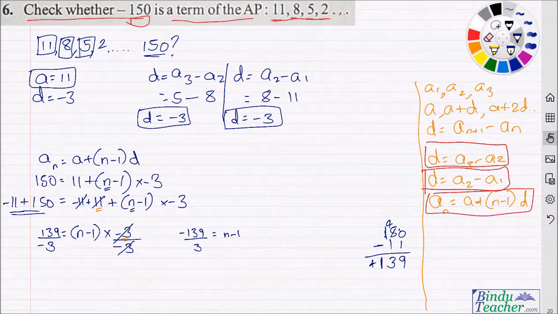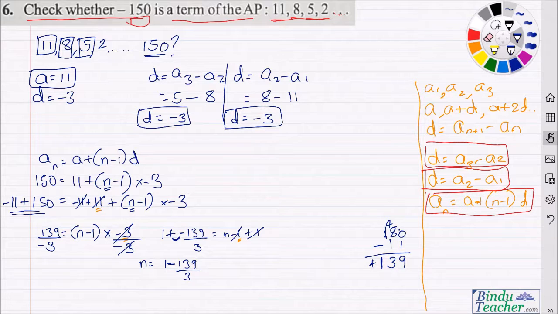Now here again we need to remove the minus 1. So we will say plus 1, and we will repeat that here also. Minus 1 plus 1 cancel out each other. We have n equals 1, plus into minus, which becomes minus 139 by 3.